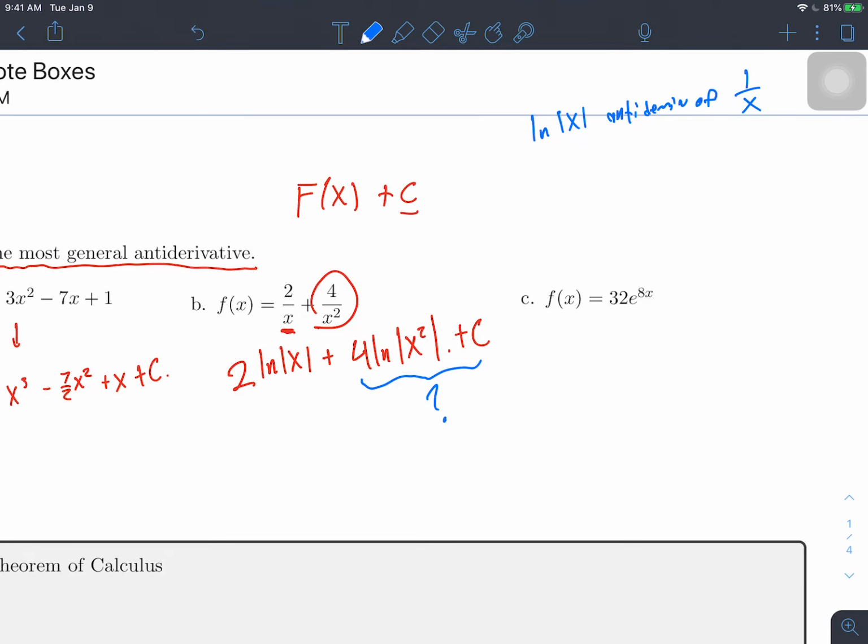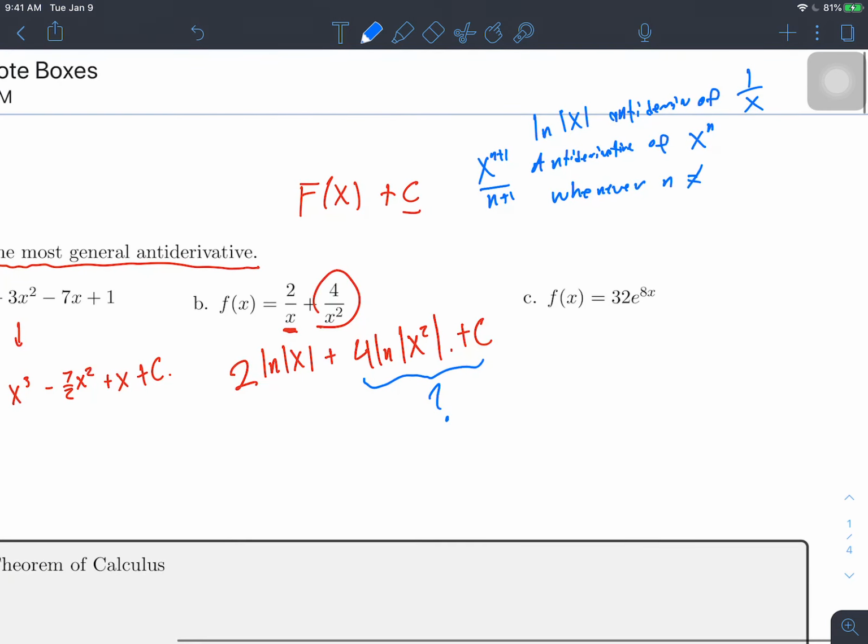The other rule we learned was that x to the n plus 1 over n plus 1 is the antiderivative of x to the n whenever n is not equal to -1. If n equals -1, then we have 1 over x, and that's when ln x is the antiderivative.